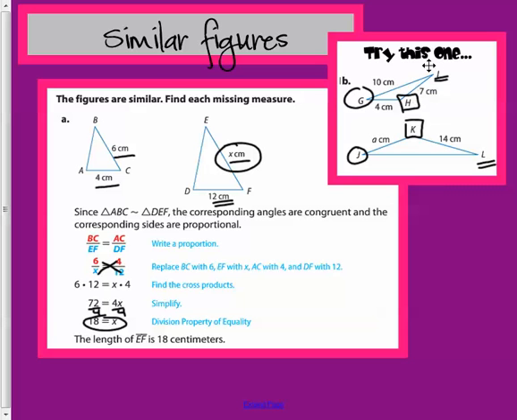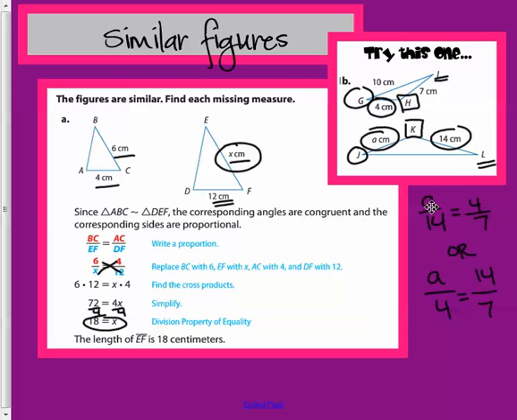I goes with L because this side length is slightly longer than this one, and this side length is slightly longer than that one. So if we set up this proportion, we can set it up in two different ways. I'm going to show you both ways. Your A has to go with the 14 and with its corresponding side, which is 4. So A over 14 equals 4 over 7.